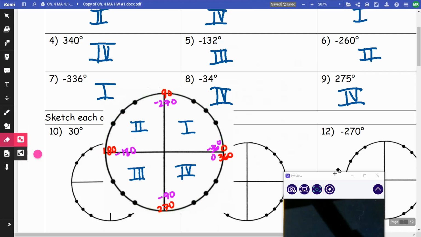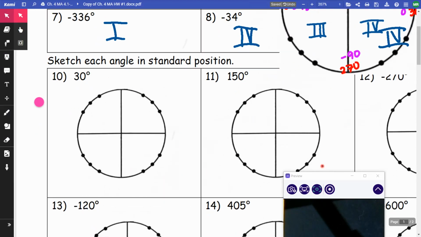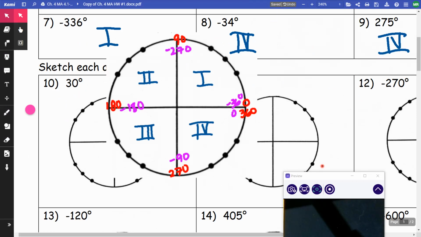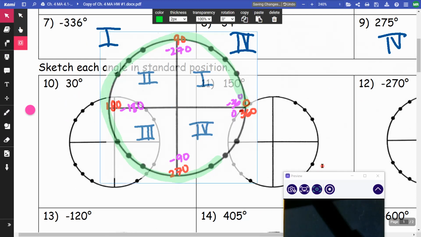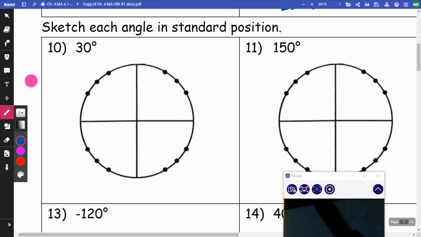Okay, so now the next thing we're going to be looking at, we're going to be looking here. For these ones, we're trying to draw an angle in standard position.